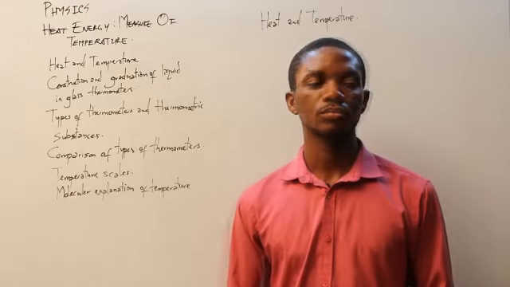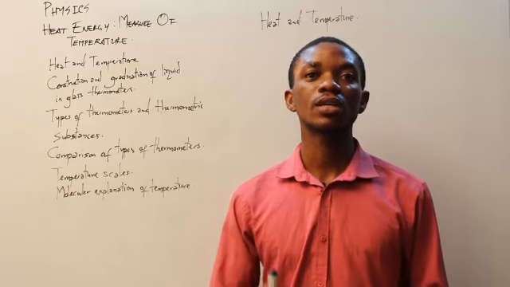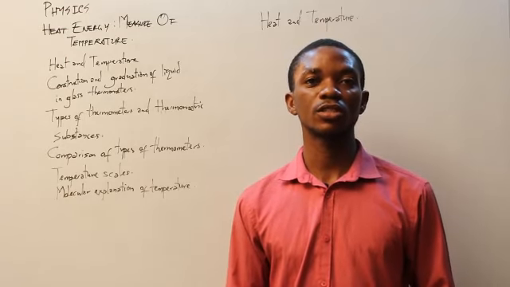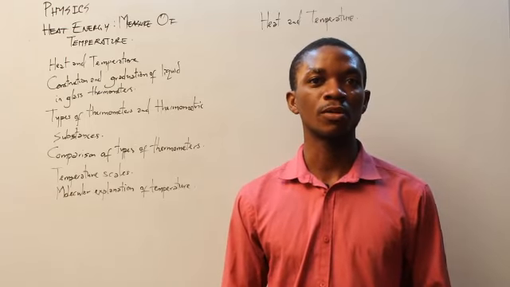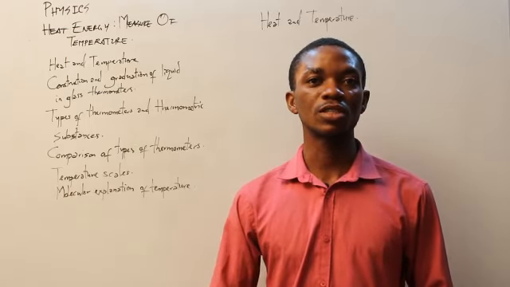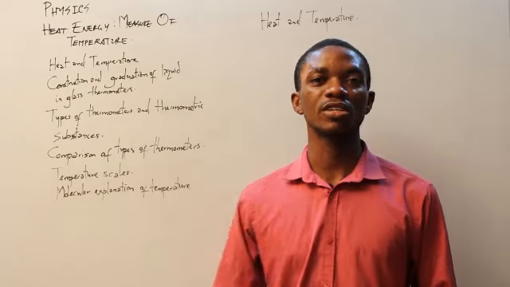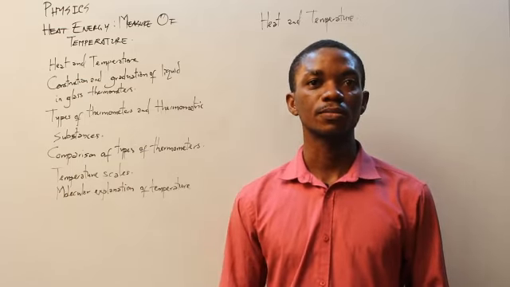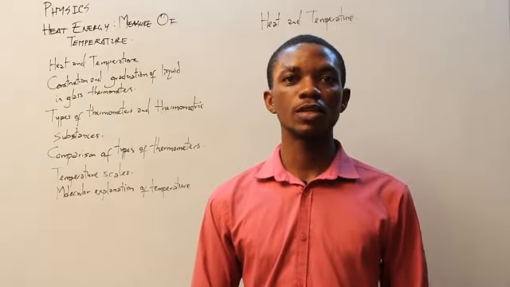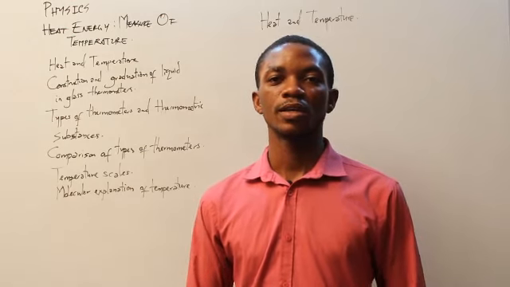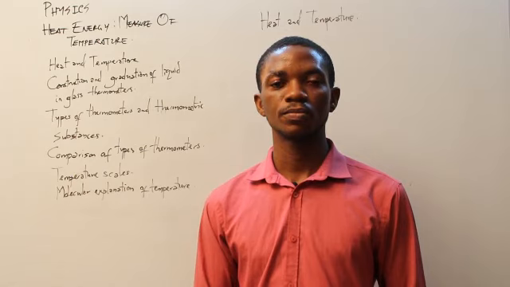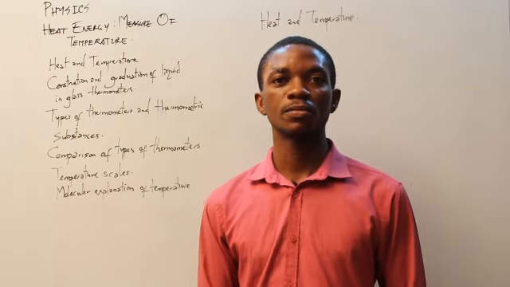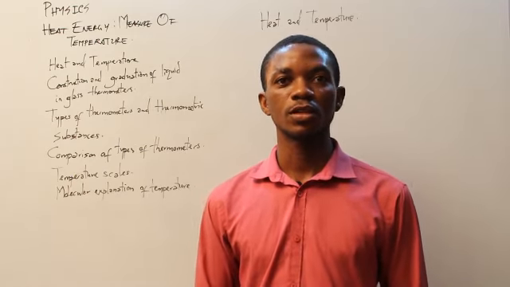Heat can cause physical and chemical changes, while temperature is just an observation of what is happening around. It is not inducing any change, it is created by heat. So from the table on your screen, you can see the differences between heat and temperature. Heat is a form of energy, while temperature is not.